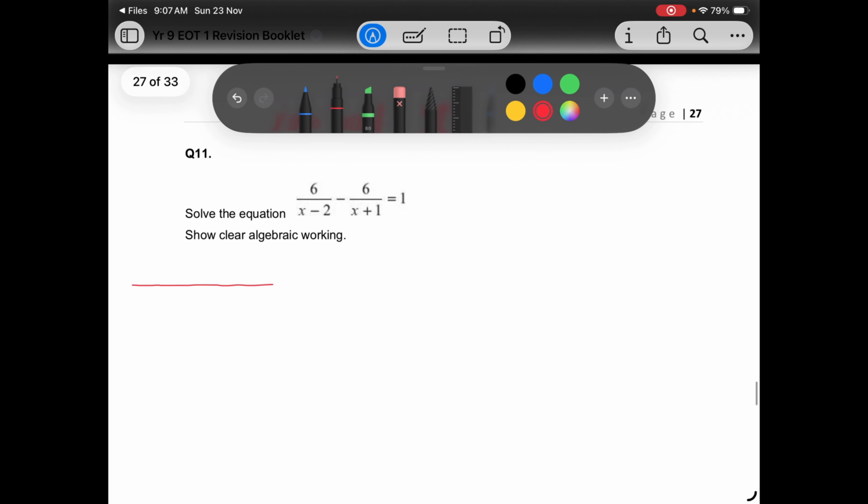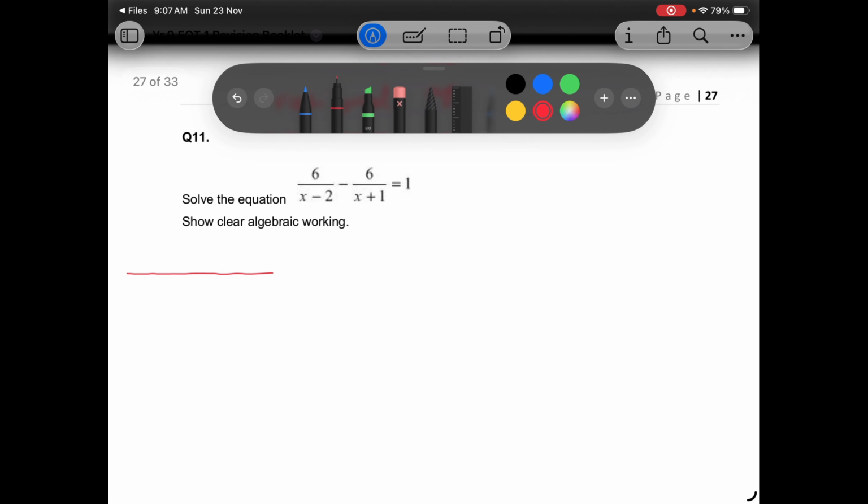I will rewrite this in a more clearer way. So here I have, as you see, guys, x, and I have here x minus 2, then minus again. Here I have minus, sorry, this is 6, and this is x plus 1 equals 1. So look at this, guys, okay? So how we unify the denominators here?